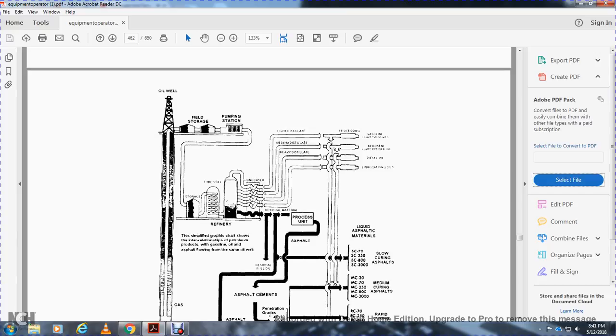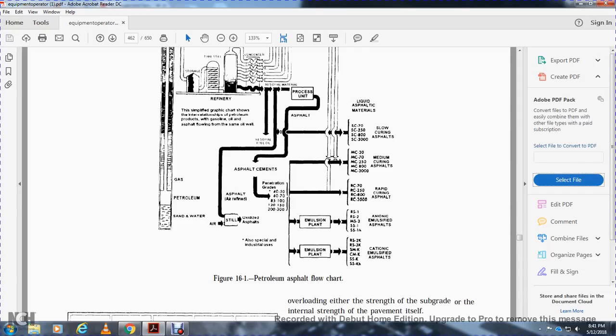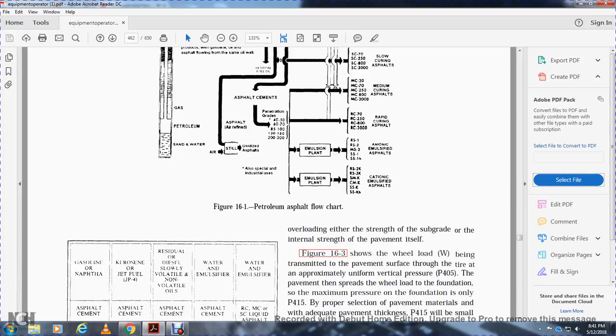This shows the oil well field, storage, and pump station storage, then still condensation, light distillates, heavy distillates, gasoline, kerosene, diesel, lubricants, processing, asphalt, residual fuel oil, asphalt, air refined, still, asphalt cements, emulsion plants.